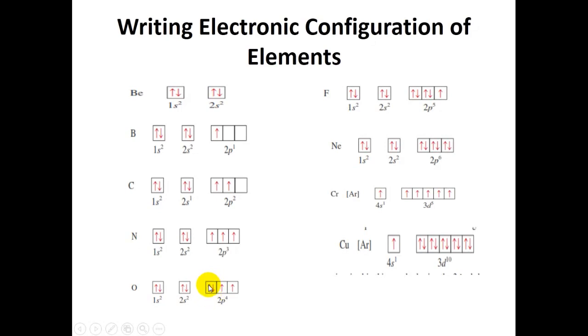Akaanza single, paired kwa Hund's rule, akaanza electron ya kwanza, ya pili, ya tatu. Kumbe imebakia electron ngapi? Moja. Kisha hiyo moja huwezi kuanzia tena huko, lazima uanzie hapa mwanzo. Ndio akaiweka hapa mwanzo, maana ni 2p4. Ina maana hizi 4 ni number of electrons. So that is how we can fill the electrons in its atomic orbitals.